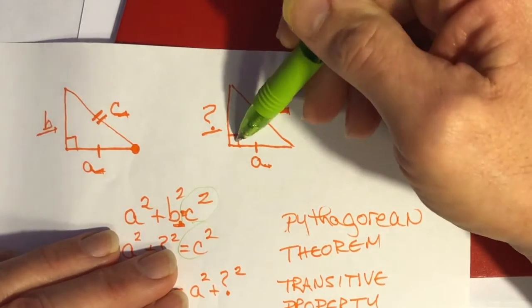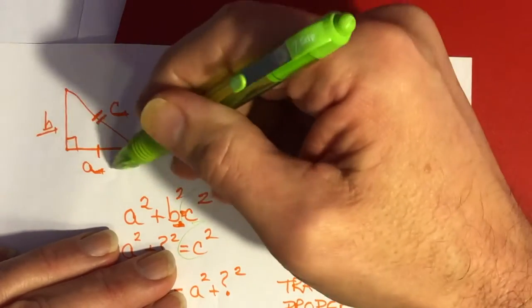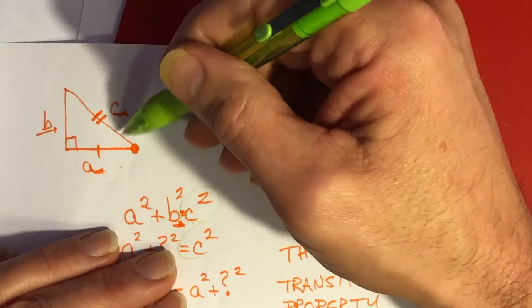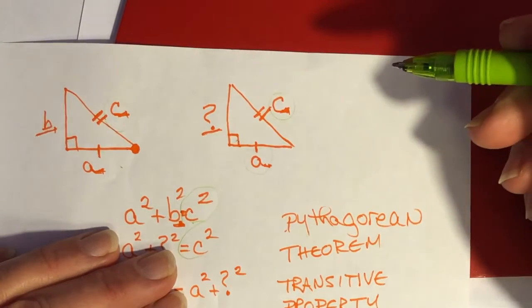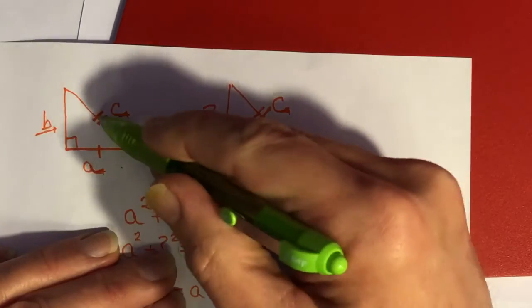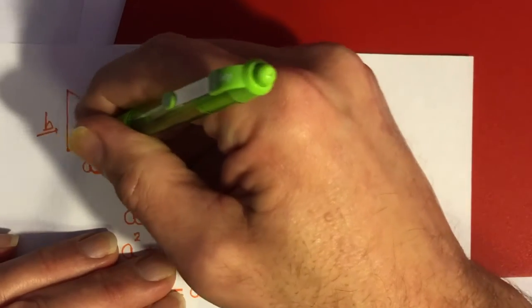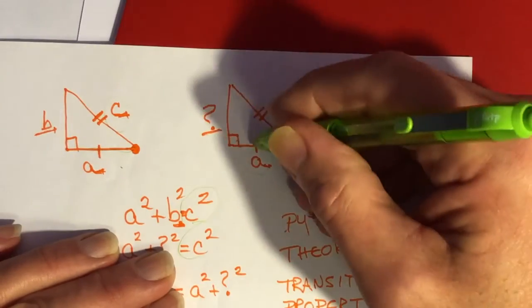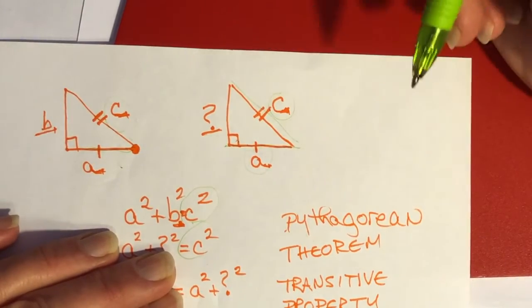I know this angle is congruent to that angle. But what if I know this side and this side are congruent to this side and this side? Is that enough? Two sides and the right angle. Specifically, I'm looking at one pair of legs and one pair of hypotenuses.